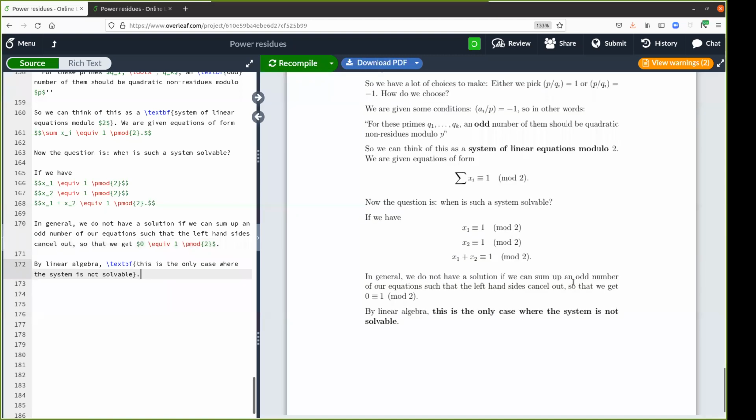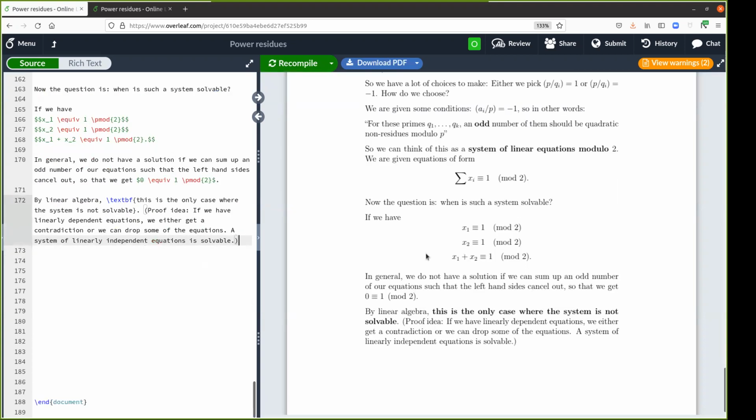And then using some linear algebra, you can show that this is the only case where the system is not solvable. This is not obvious, but the proof idea is quite simple.